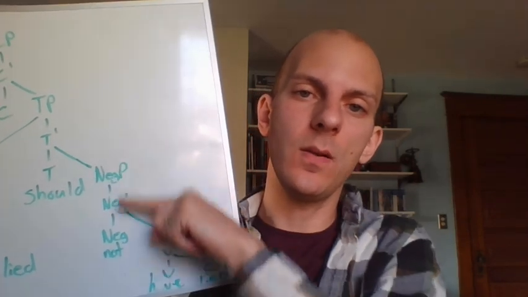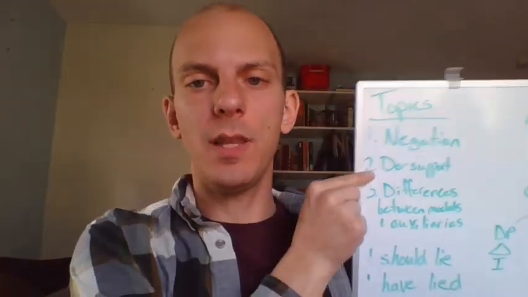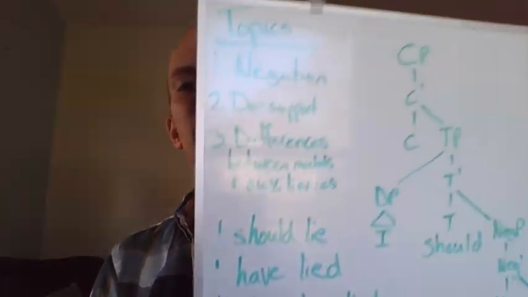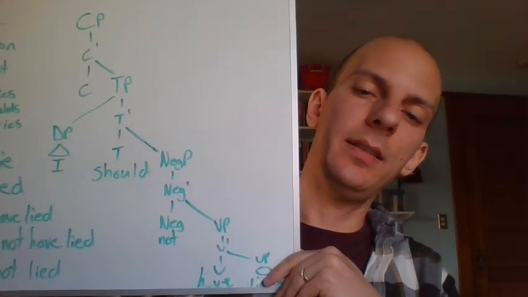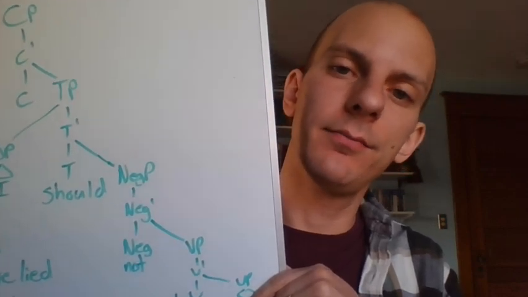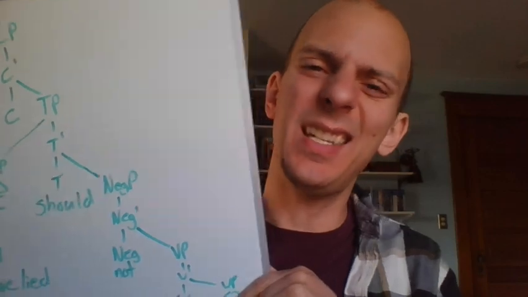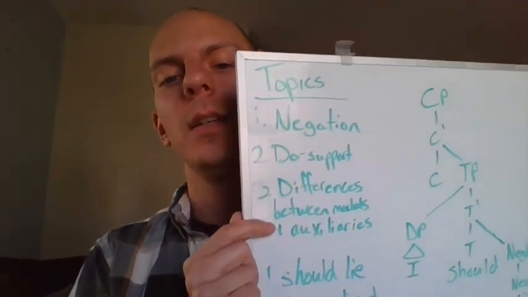So we looked at negation. We looked at do support. Remember that do support was happening in T, with sentences like, I did not go to the store, with that did in there. Rewind the video if you want that in more detail.